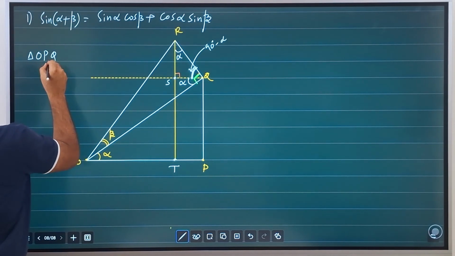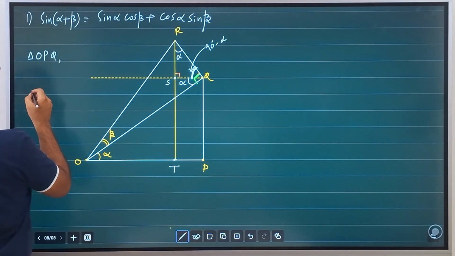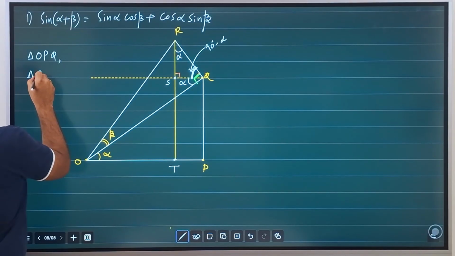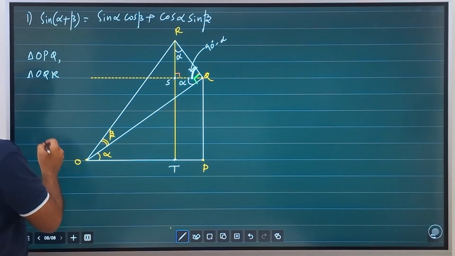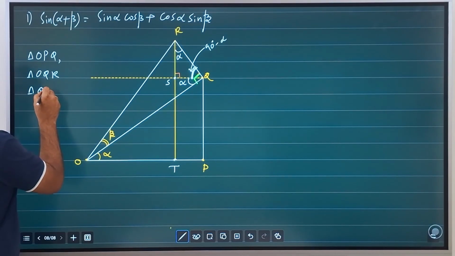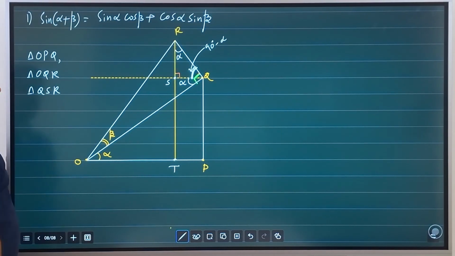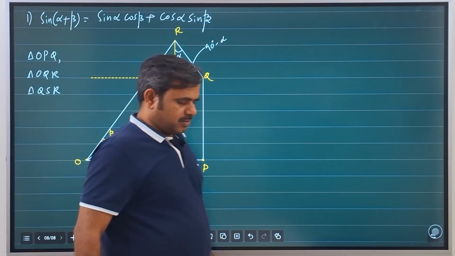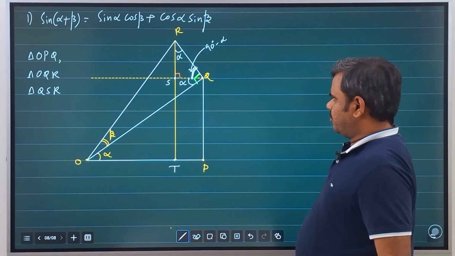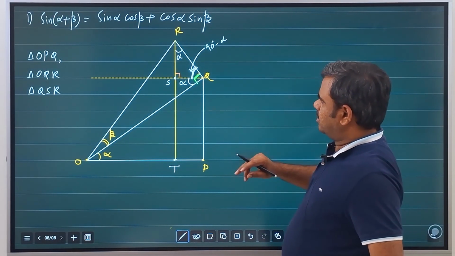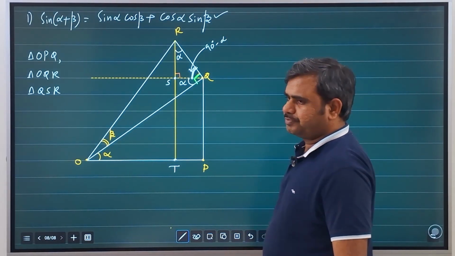Triangle OPQ, triangle OQR, triangle QSR. These are the right-angled triangles that we are going to make use of to derive this expression.